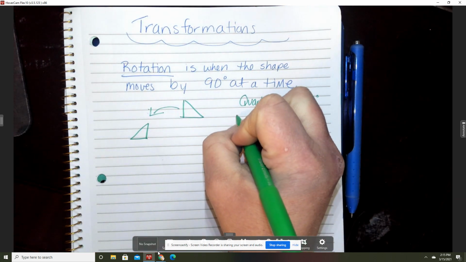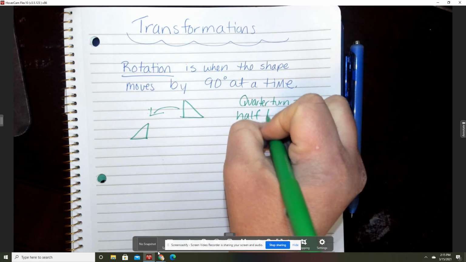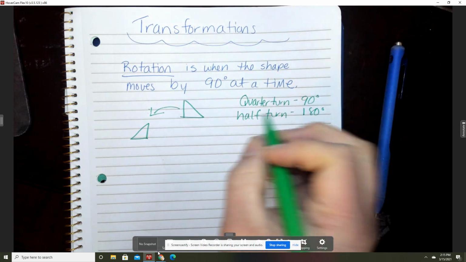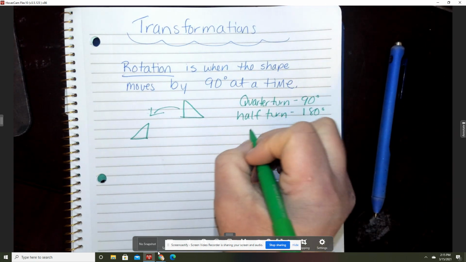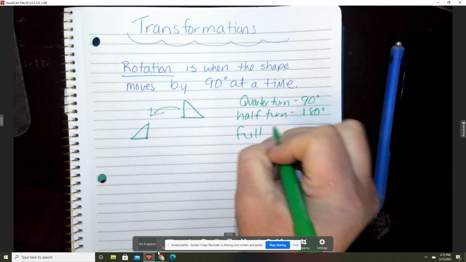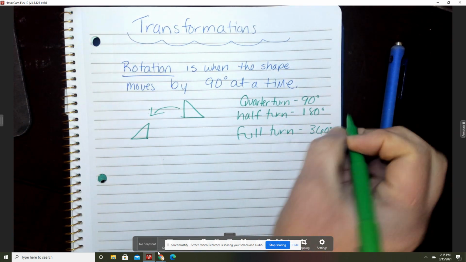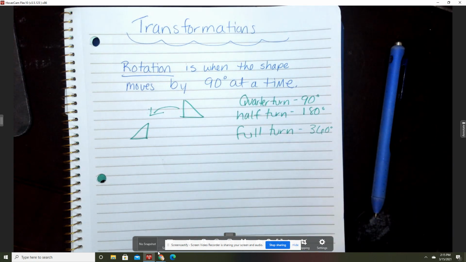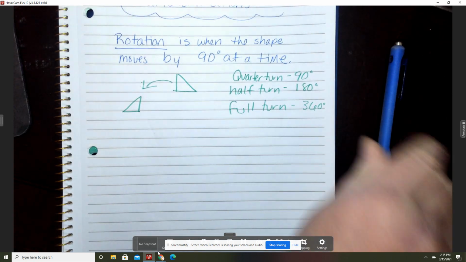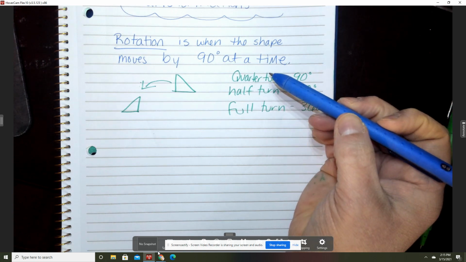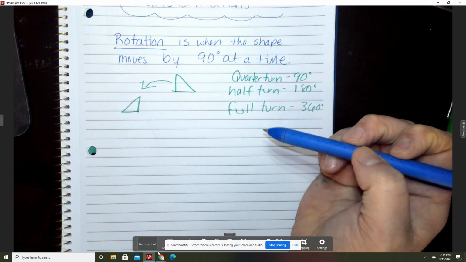So that would be a half turn, and that would equal 180. But if it did a full turn, it would just be back at the same position. That would be a whole 360 degrees. It would just make a complete rotation back to where it was. So the only time you would see change with a rotation is with quarter and half. A full turn, it would be in the same spot.